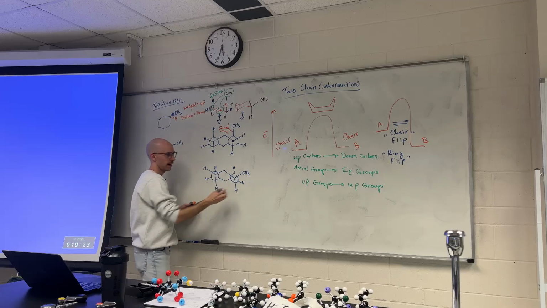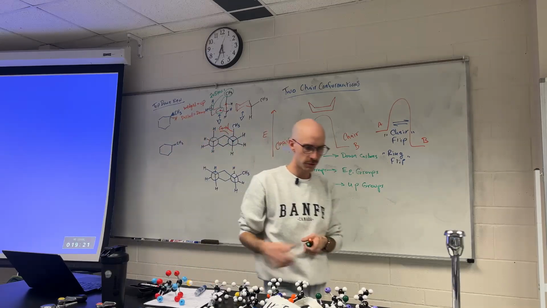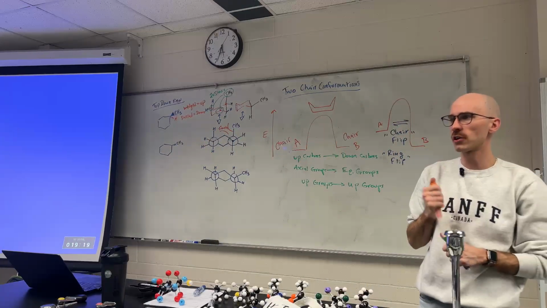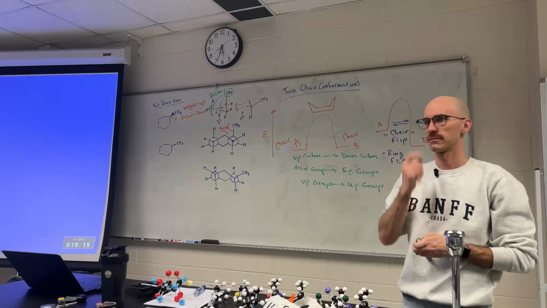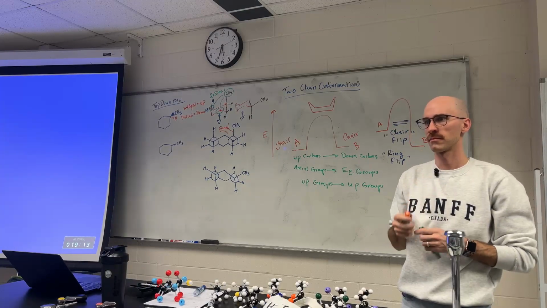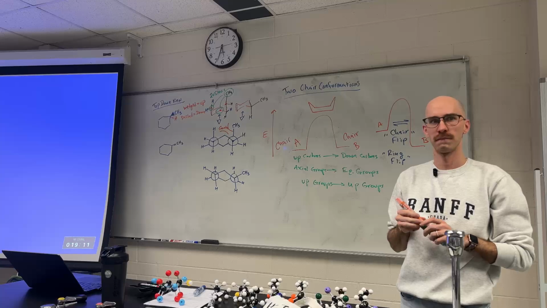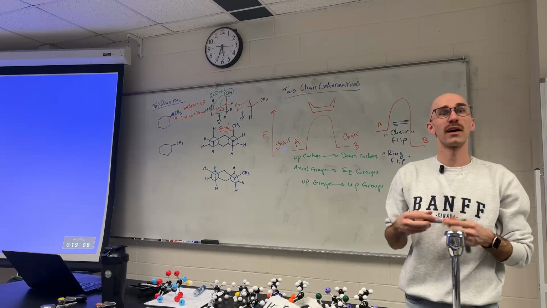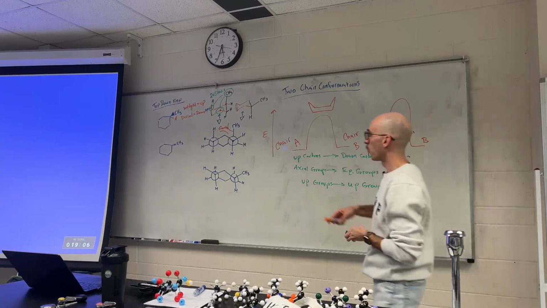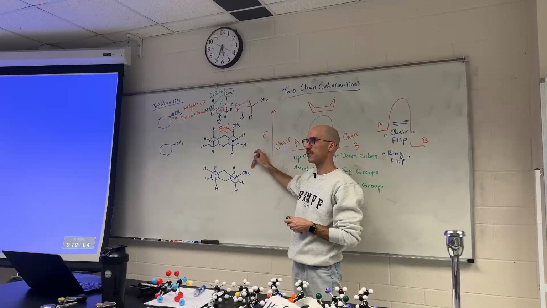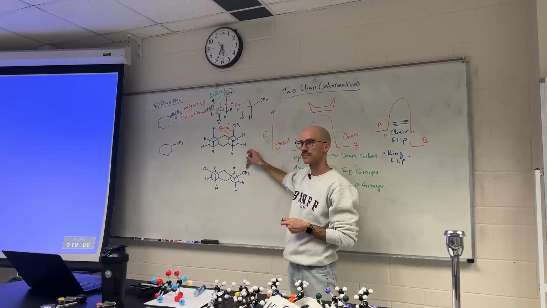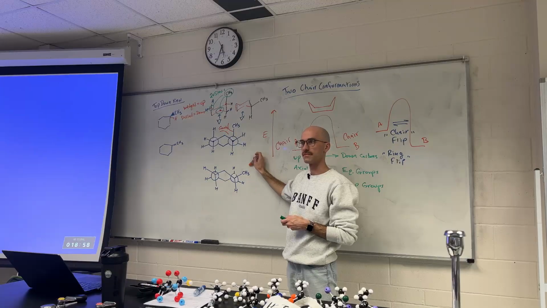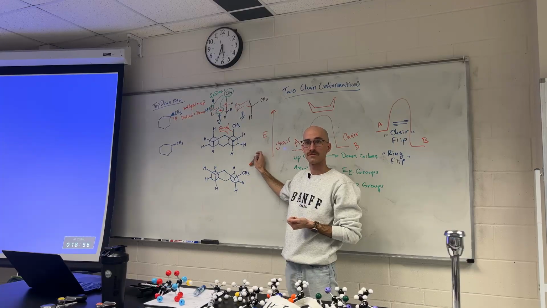Hydrogens, hydrogens. Do I have torsional strain? No. No eclipsed bonds. Do I have steric strain? What is the methyl gauche to now? Hydrogen and hydrogen. Is there steric strain?